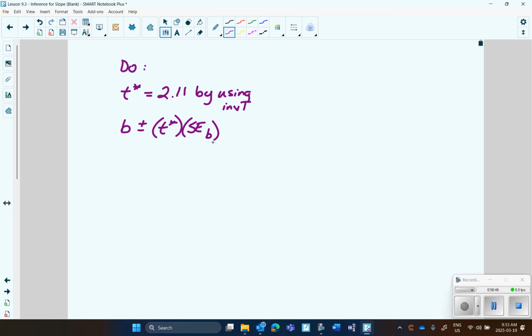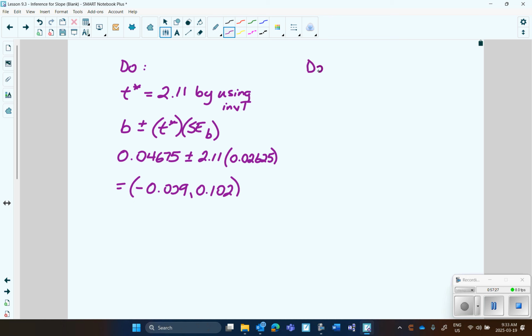Forget those exact numbers: 0.04675 plus or minus 2.11 times 0.02625, which gave us approximately negative 0.009 to 0.102. That was the confidence interval.